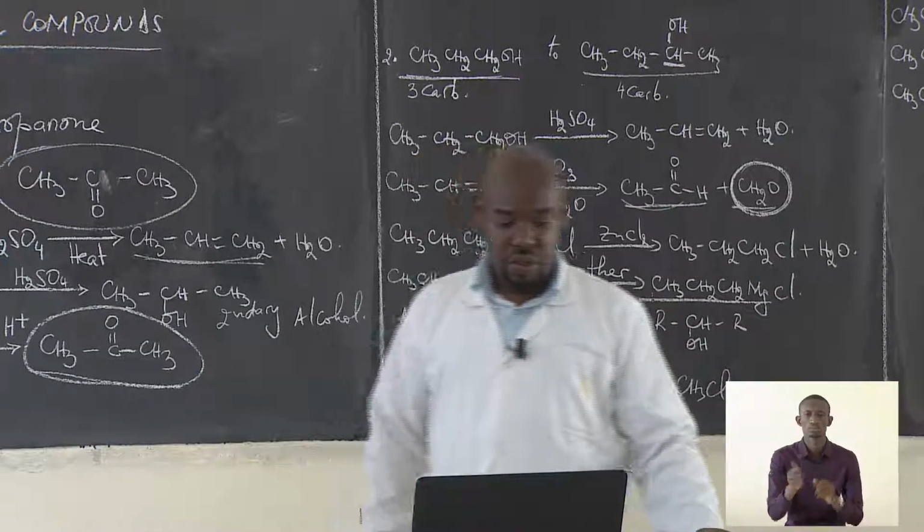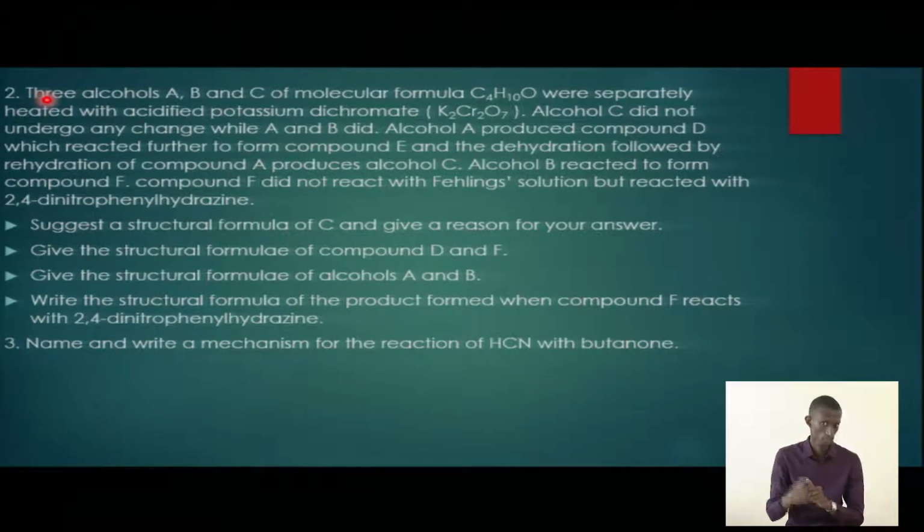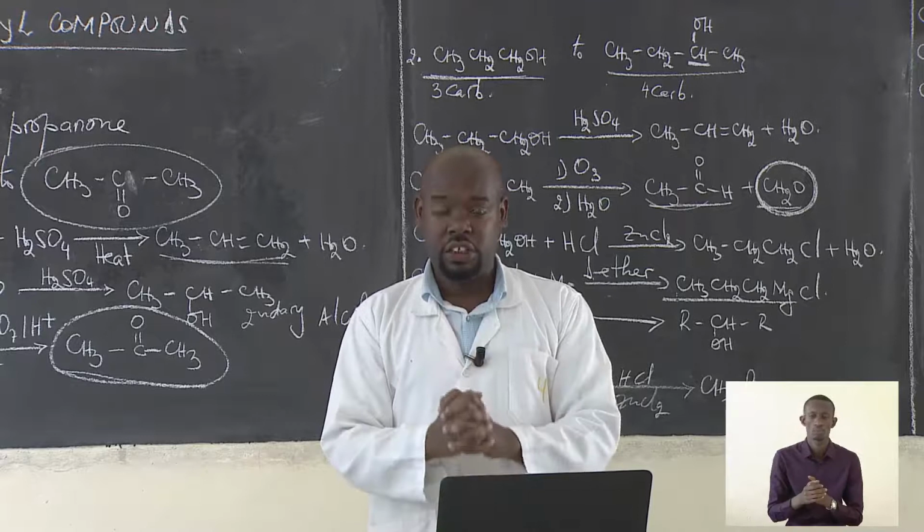The next question, I read: 3 alcohols, A, B, and C, of molecular formula C4H10O were separately heated with acidified potassium dichromate. Alcohol C didn't undergo any change, while A and B did. Those are the information we have to analyze.